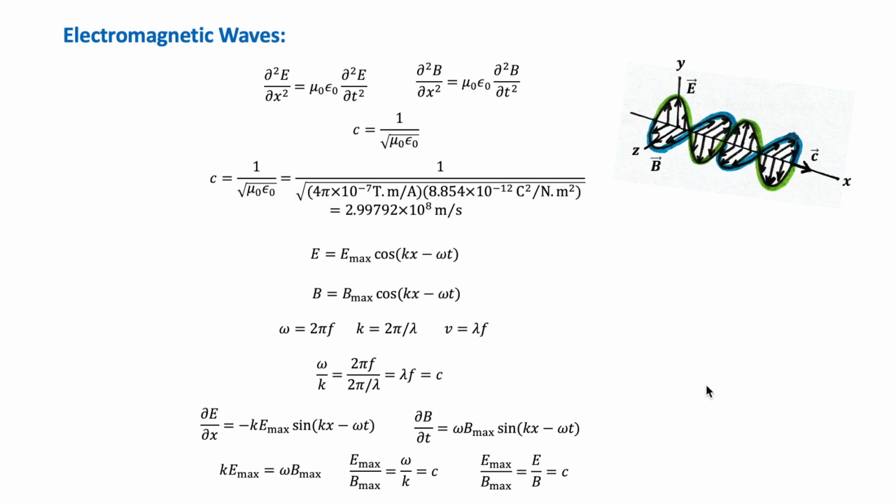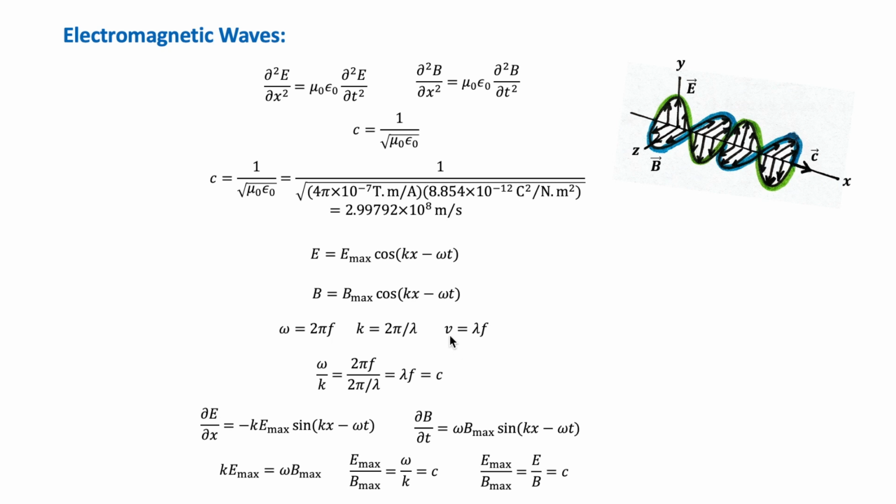The simplest solution of these equations is a sinusoidal wave where both E and B vary with x and t in this form, okay? E max and B max are the maximum values of the fields. This is the angular wave number, k equals 2 pi over lambda, and omega is equal to 2 pi f, where f is the wave frequency.